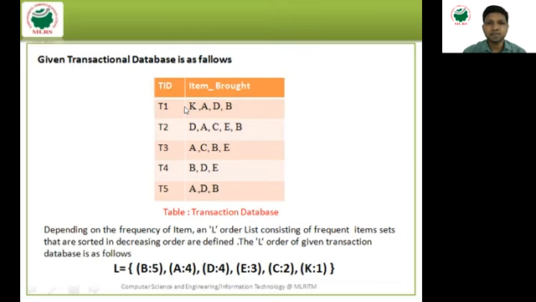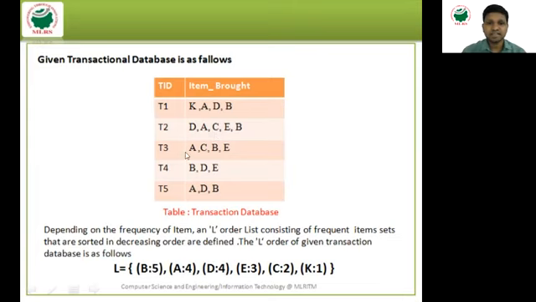In T2 also we have D, A, C, E, B. D is available, A is also available, C is not available yet. Now the unique values up to T2 are K, A, D, B, C. E is not available in T1, so now consider E also. B already existed in T1. Now we have K, A, D, B, C, E up to transaction T2. These are the unique items.